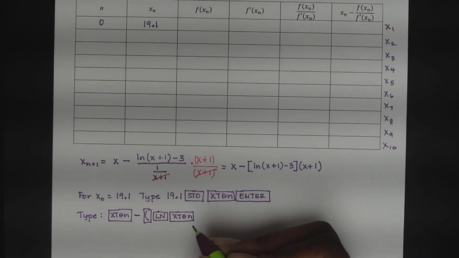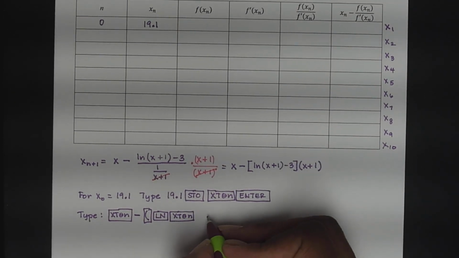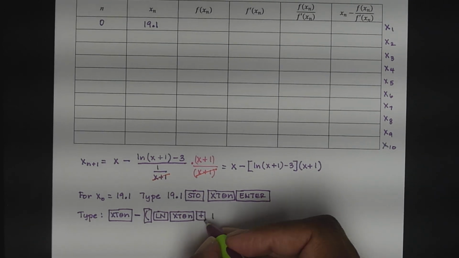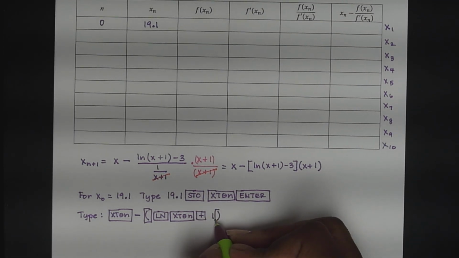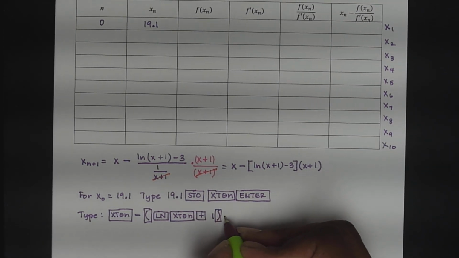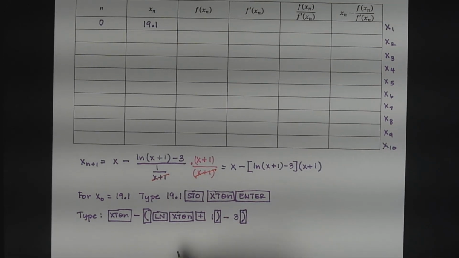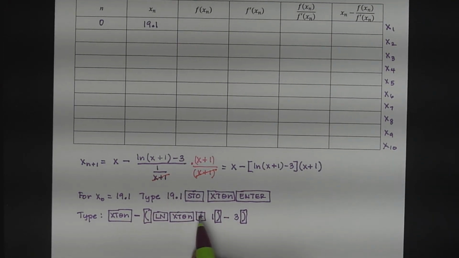When you press ln, it will give you the left parentheses anyway. And then plus 1, close parentheses, then minus 3, close parentheses, because all of this is your numerator.